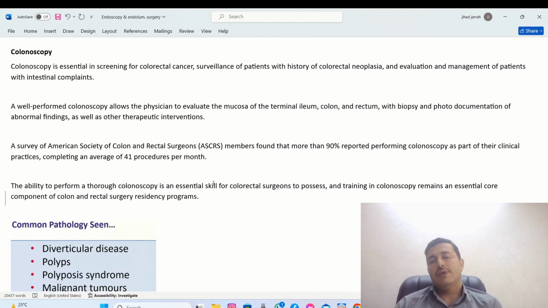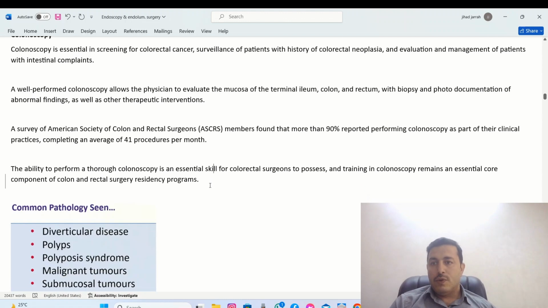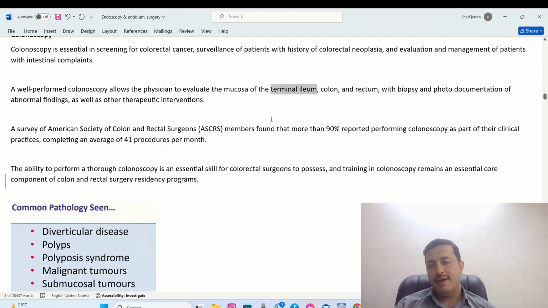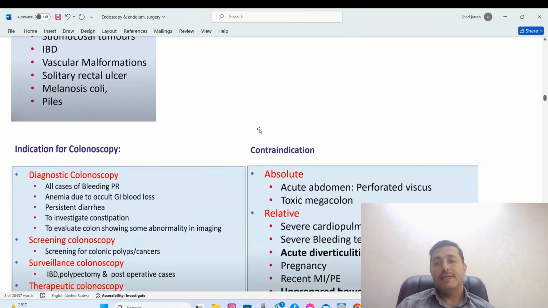Here we start talking about full bowel preparation, about some type of sedation, and actually to say that this is a well performed colonoscopy, that means we have to reach the colon, the rectum, and part of the terminal ileum. Invagination of the terminal ileum is indicator of well performed colonoscopy, which is not accessible all the time.